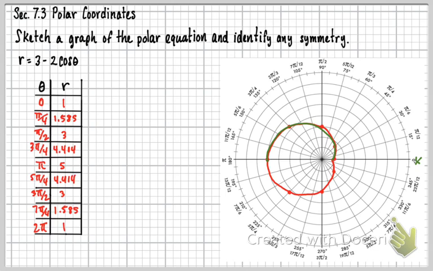I would have symmetry across the x because then I would map over here and get my other half of my graph. So this would be symmetric in the x-axis. So there's our answers for this one.